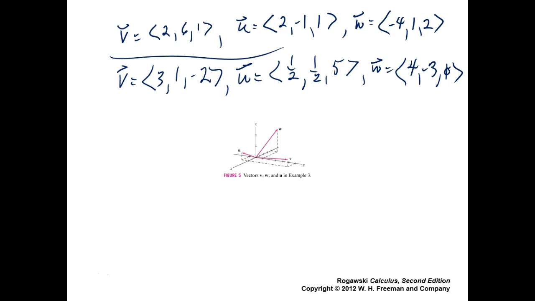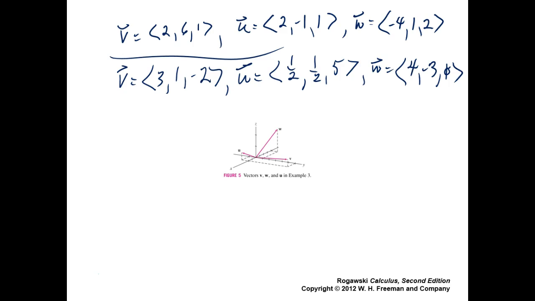That'd be 3/2 plus, that'd be 2. Yeah, obtuse. Okay. How about V and W? 12 minus 3, which is 9, plus 0, which is 9. Okay, acute.